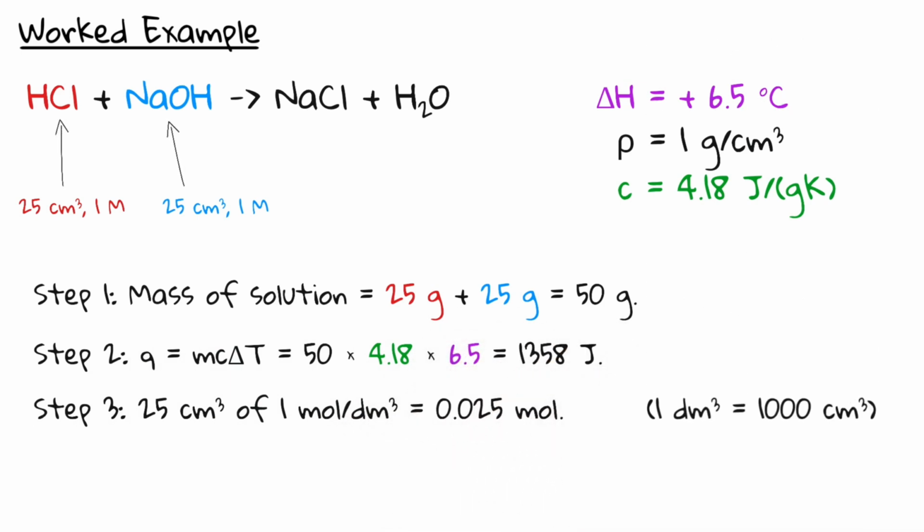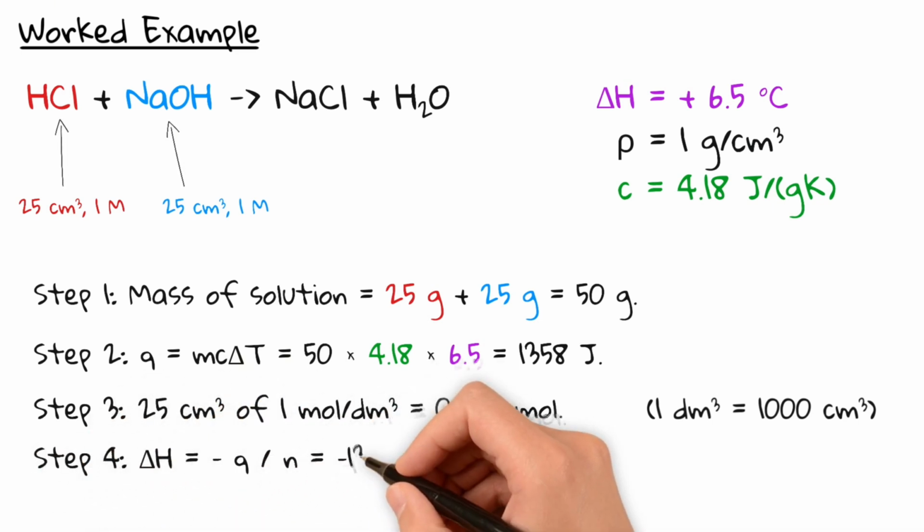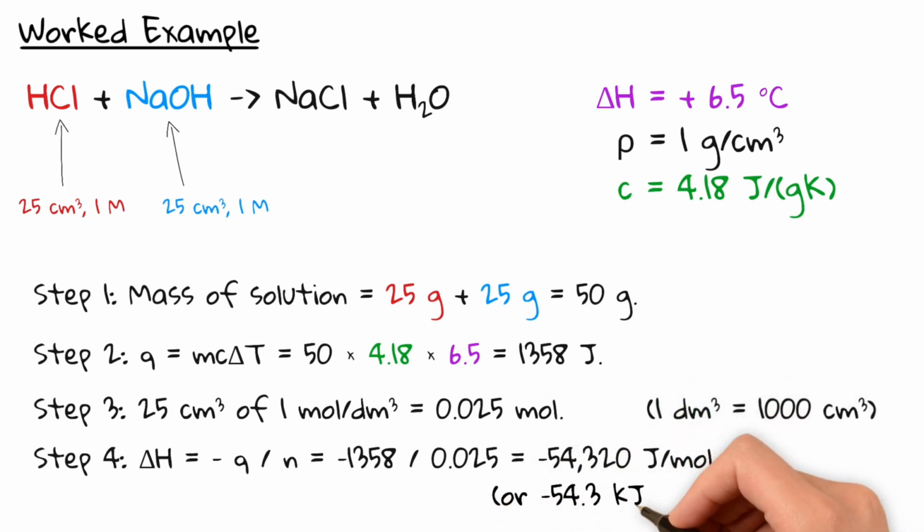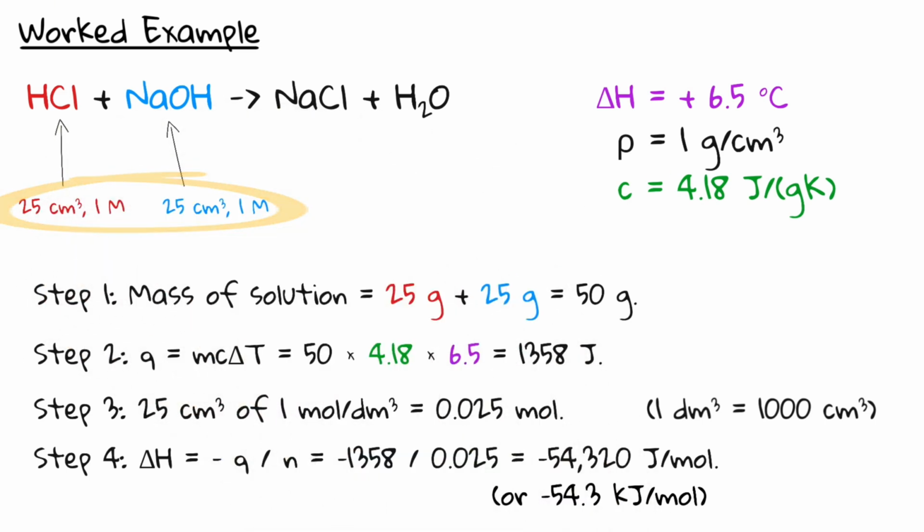That translates to 0.025 mole. Now, as a final step, we calculate delta H. We substitute our values and we get negative 54,320 joules per mole. Pro tip, always divide by the moles of the limiting reagent. In our case, both are equal, so just take 0.025 mole.